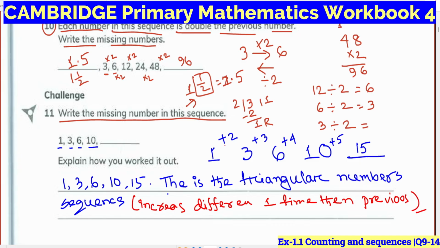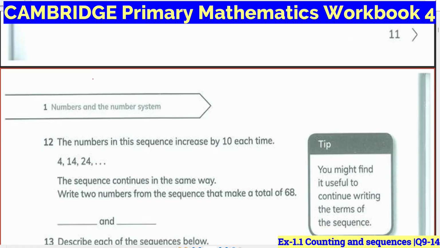So first increasing by 2, then 3, then 4, and then increasing by 5. So number 11 is done. I hope this is clear.